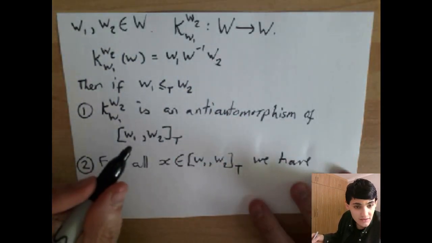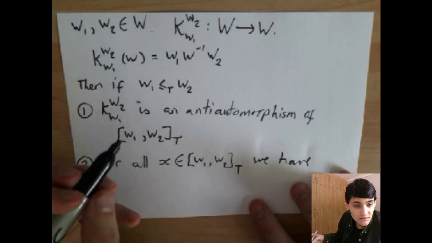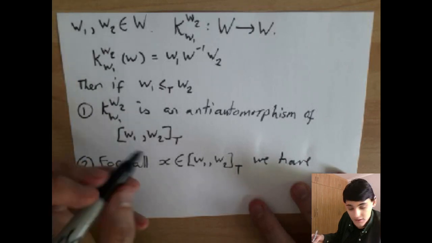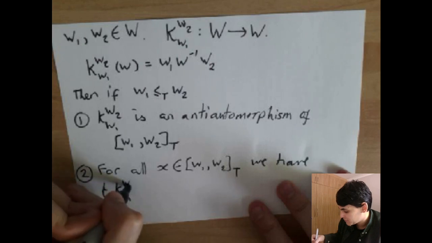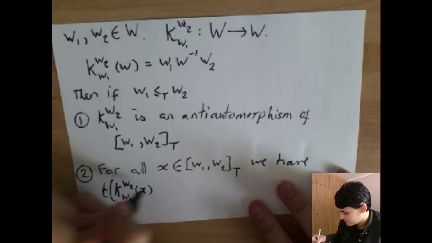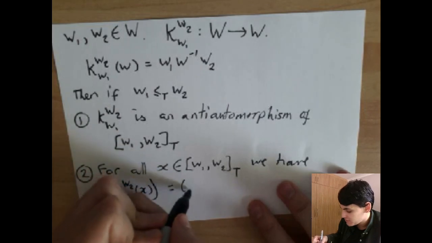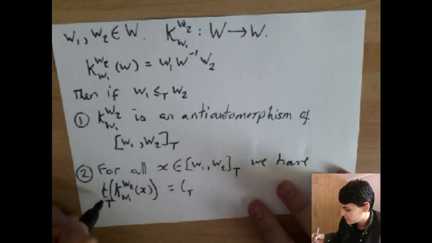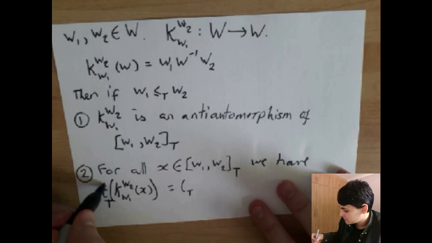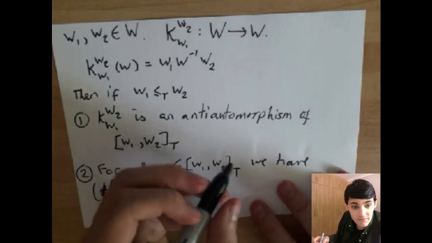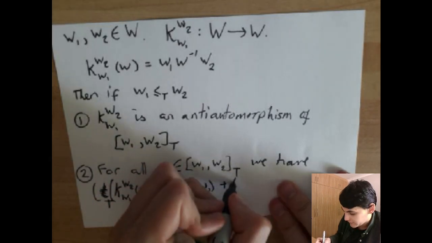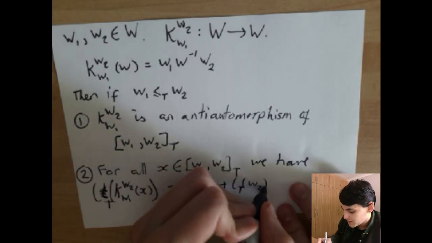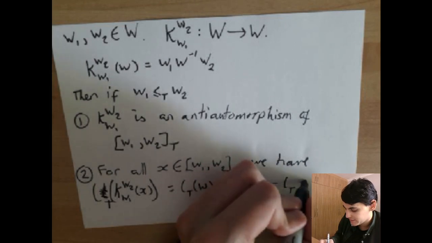the length of the Kreweras complement of x is precisely equal to the length of W1 plus the length of W2 minus the length of x.